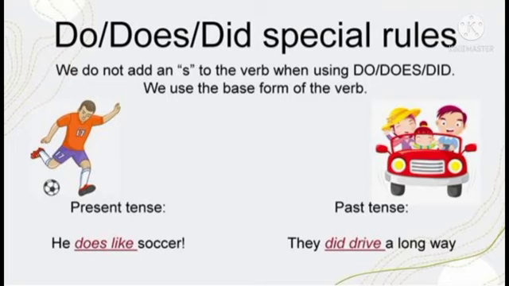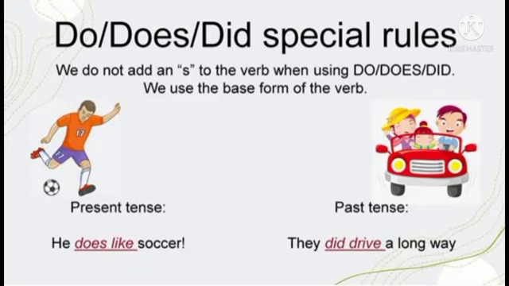If it is in present tense, we will write it like this: he does like soccer. And in past tense, they did drive a long way. Even though he is a singular subject in the present tense, we are not adding s to make it likes. Why? Because there is does. It is already having s, so there is no need of adding an additional s for like.